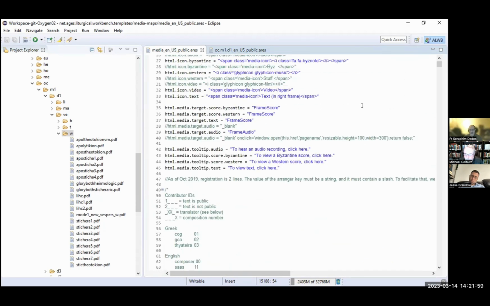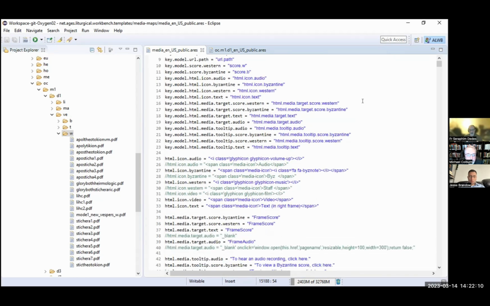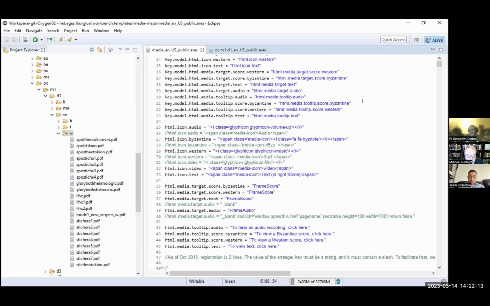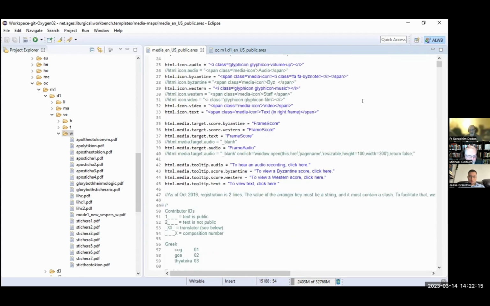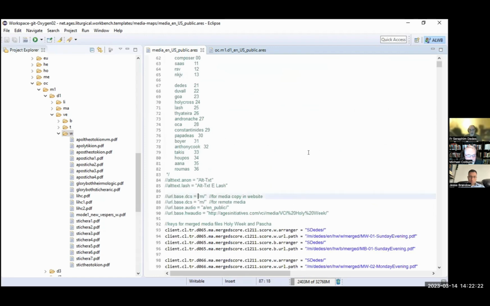Yeah, it's here. It's one of these, isn't it? URL base. Oh, yeah, it's the base. That's right. So where is that? Maybe, is it relative to the website?